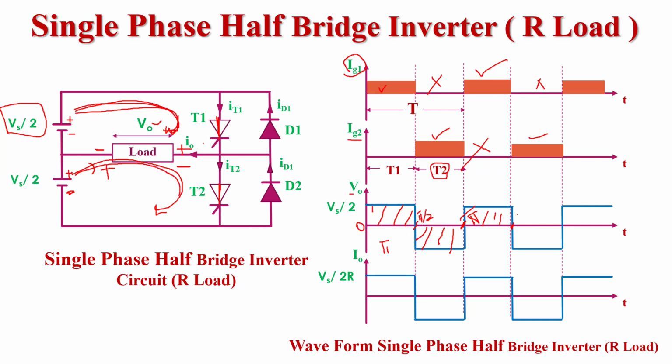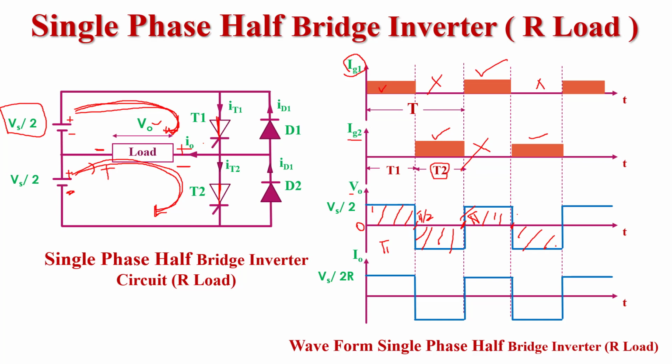This is the reverse direction of the current, if the previous direction is the reference direction. So this is the reverse direction. This terminal is positive and this is negative. So the output voltage across the load is minus Vs by 2. So this is minus Vs by 2.